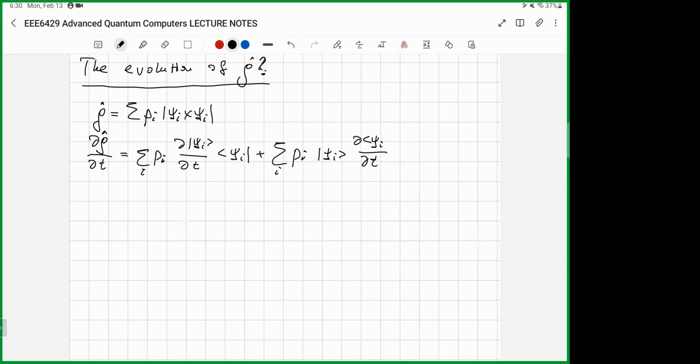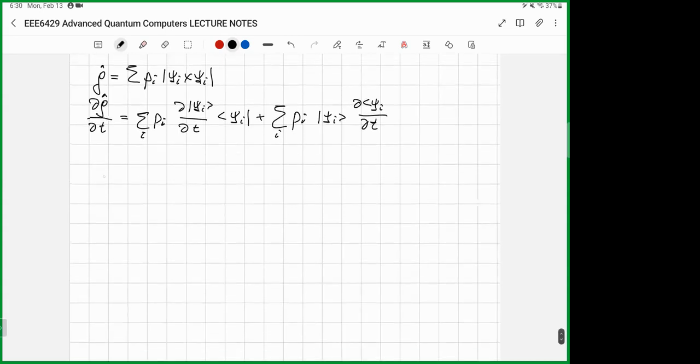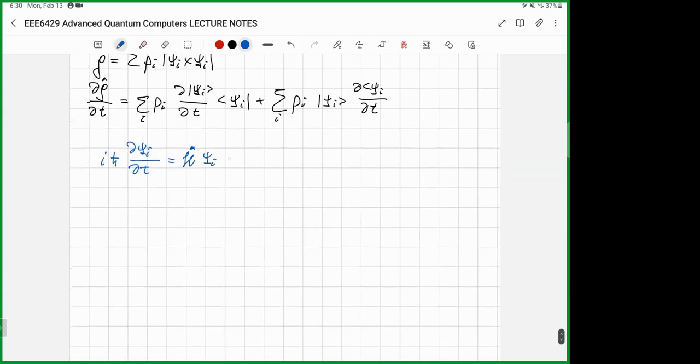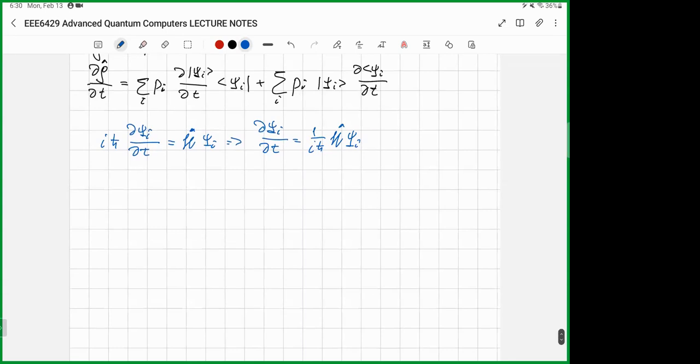Something like this. At this time, I recall the Schrödinger equation: i h bar d psi_i over dt is equal to the Hermitian operator H acting on psi_i. So from here I can get the formula for the derivative. It will be 1 over i h bar, Hamiltonian, psi_i.